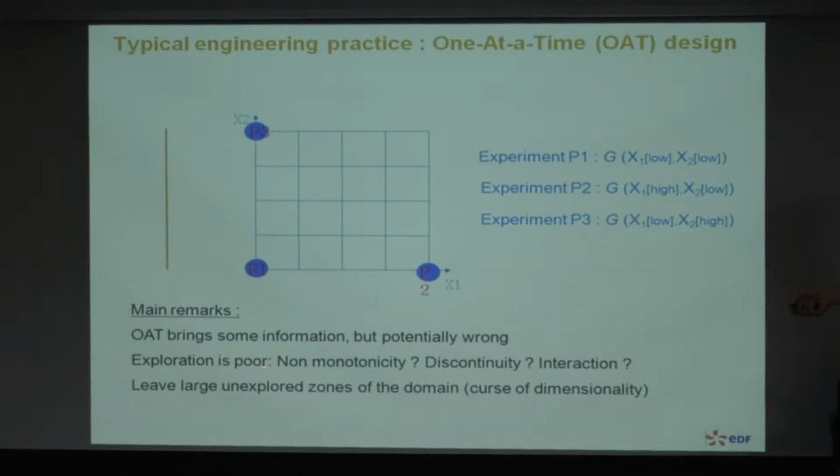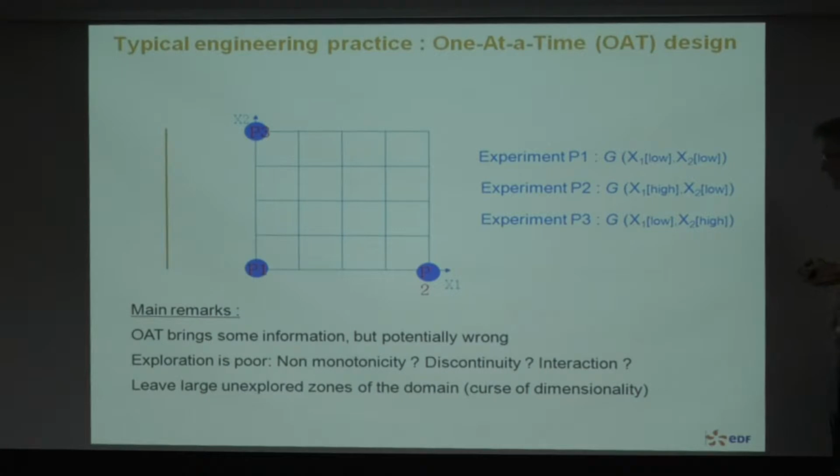The exploration is rather poor. Exploration means exploration of an input space. If you have a kind of non-monotonicity between these two inputs, it means that, okay, you obtain the same value when you perform this point and this point.